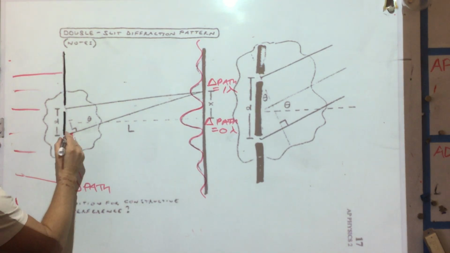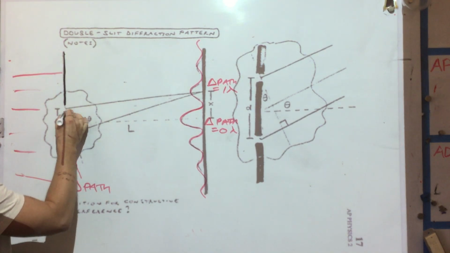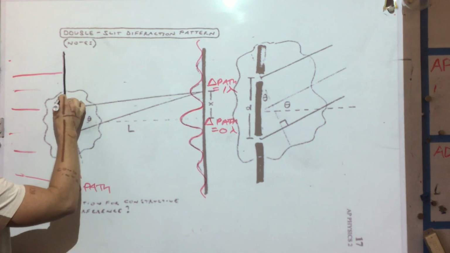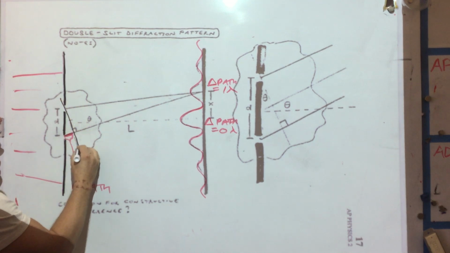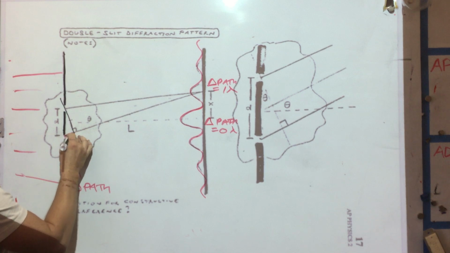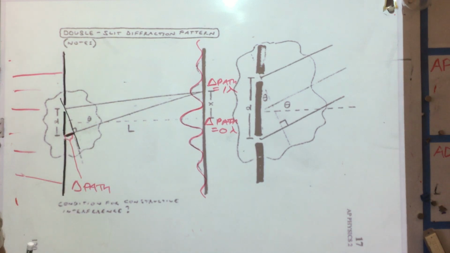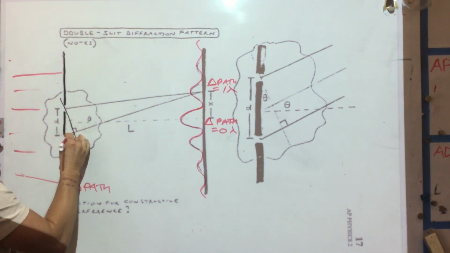So what you do is you construct a perpendicular to this line at that place, and again, this extra distance here is the path difference. And so what we're going to do is work out the geometry for this.